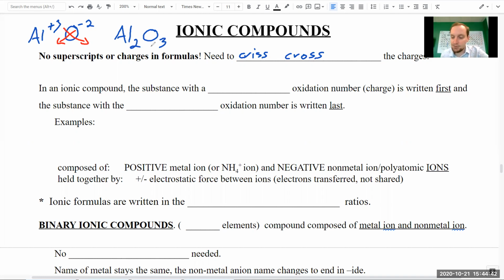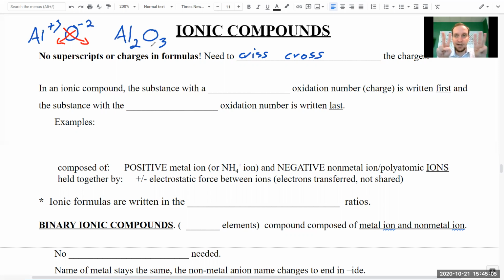But what that basically tells you, as you hopefully know by now, with the pattern that I tried to show you, is that the aluminum has a +3 because it has 3 valence electrons that it wants to get rid of. The oxygen has a -2 because it needs 2 more negatively charged electrons to fill its octet. So aluminum has 3, oxygen needs 2.